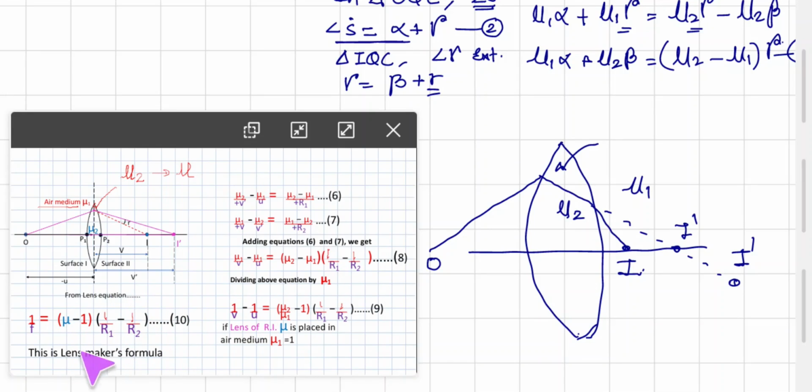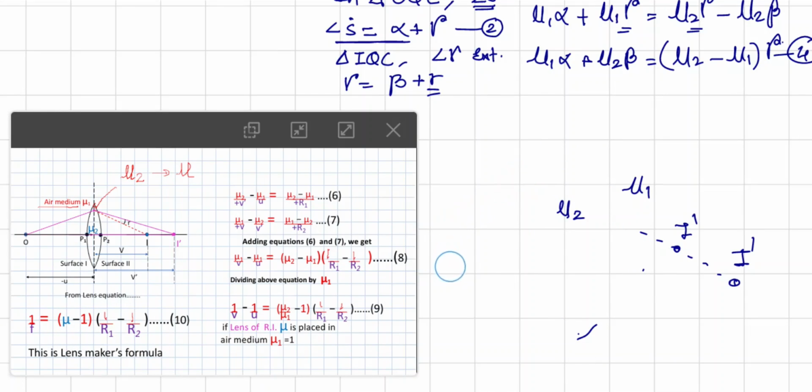So using this we can design a lens of particular focal length. In short, what is happening actually: suppose this is an eye and somewhere here is the retina on which the image should be focused.